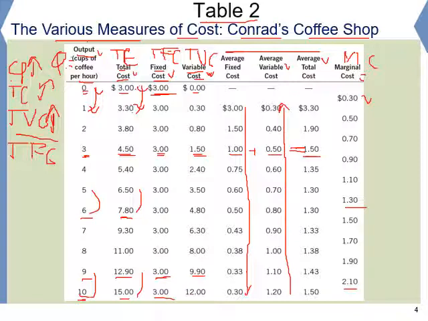And the average total cost decreases all the way up to 1.30. So it goes all the way up to 7 cups of coffee, and then after that it starts to increase from 8 to 10. How about the marginal cost?